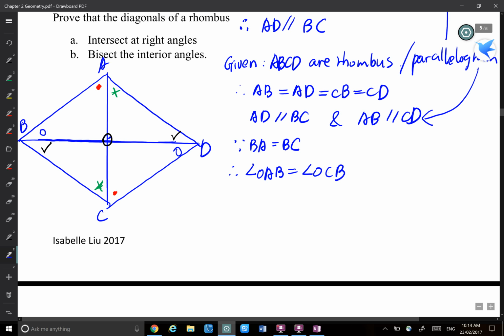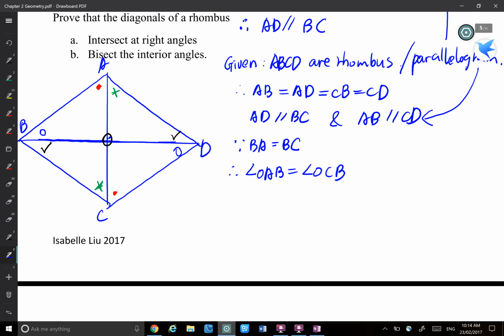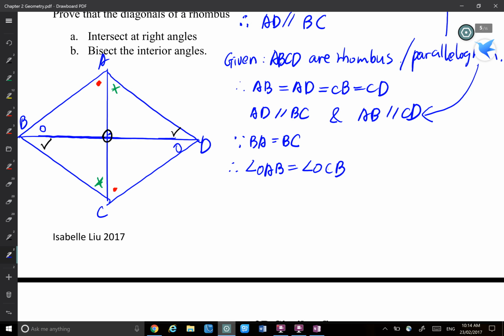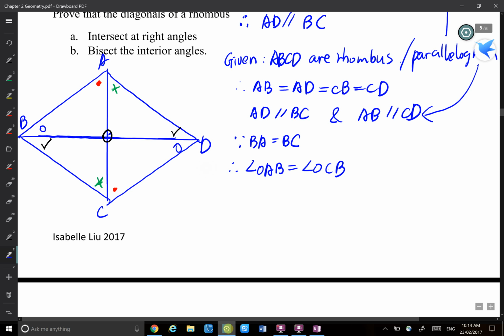Agree? OAB will equal OCB. Those two angles must be the same because it's an isosceles triangle. In the triangle ABC, BA equals BC, so these two angles must be equal because of the isosceles triangle.